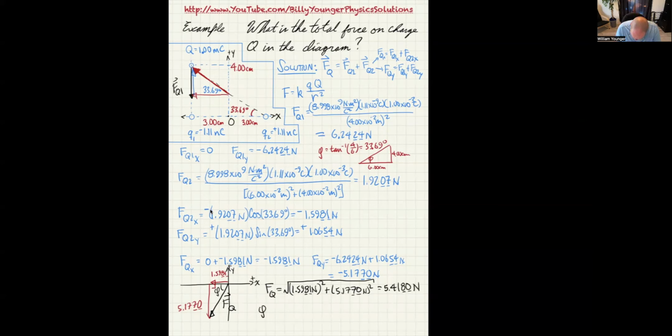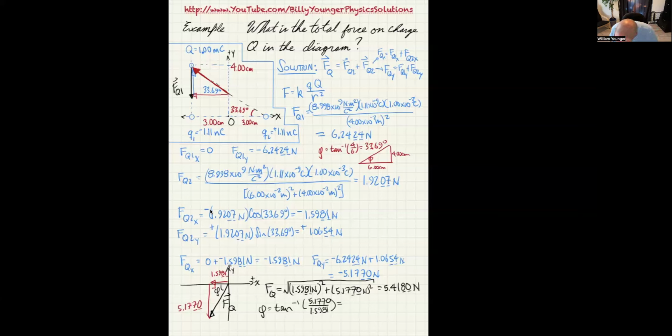Now phi is equal to the tangent inverse of the opposite side, which would be 5.1770 over the adjacent side, which is 1.5981.